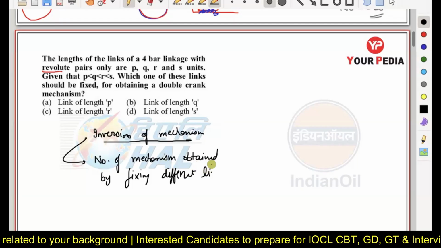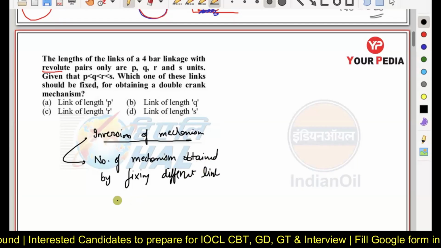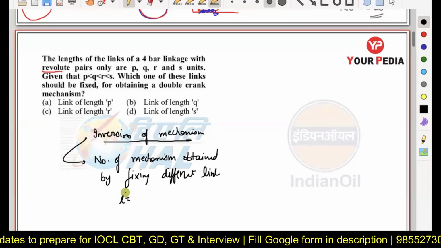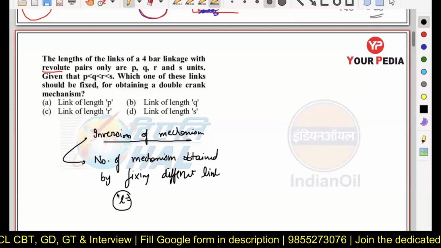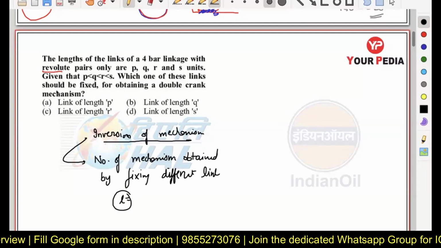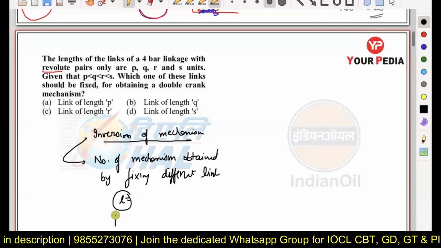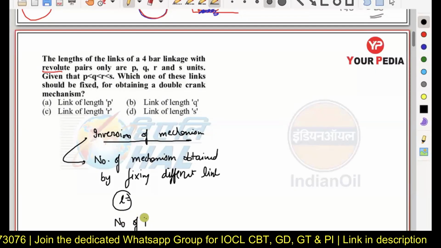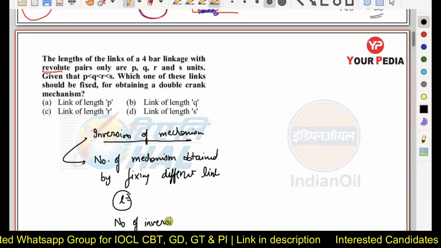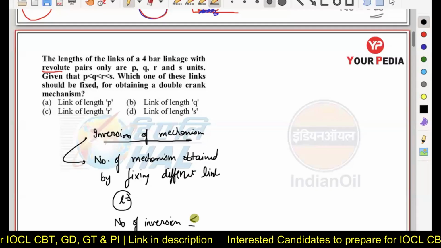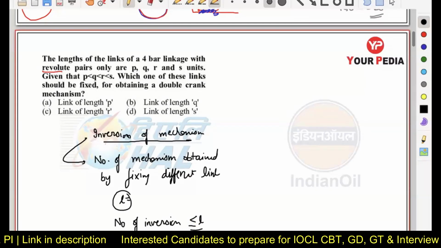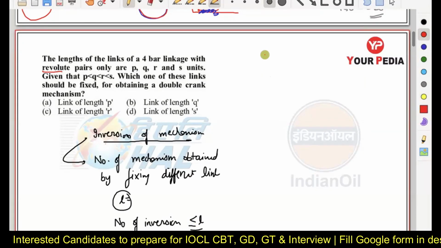Okay, so let us suppose you are having a number of links as L. How many inversions can be obtained? The number of inversions which can be obtained is always going to be less than or equal to L only.